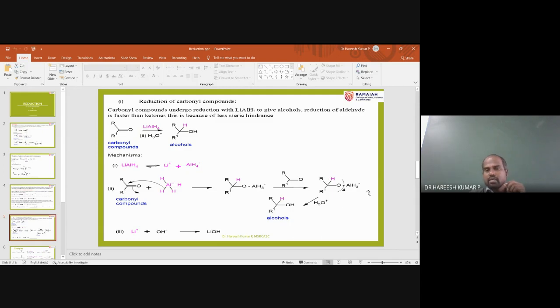Okay, here you need to make a small correction. This H3 is not there, only aluminum is there. That's what you need to remember. Maybe I will try to correct it now itself.